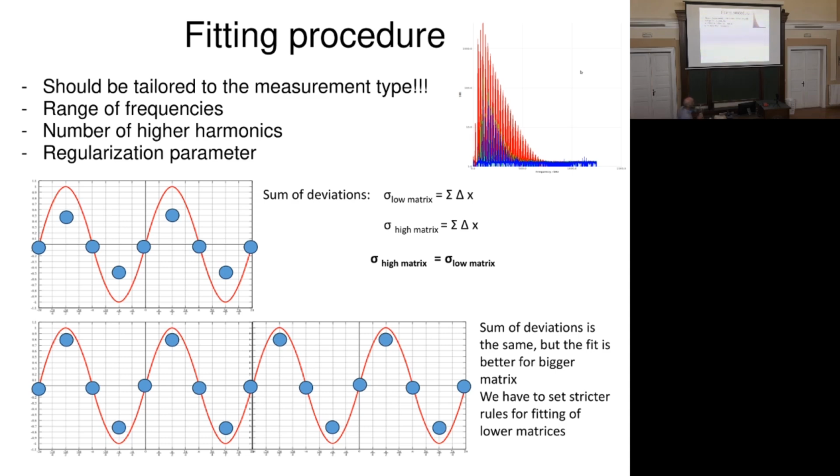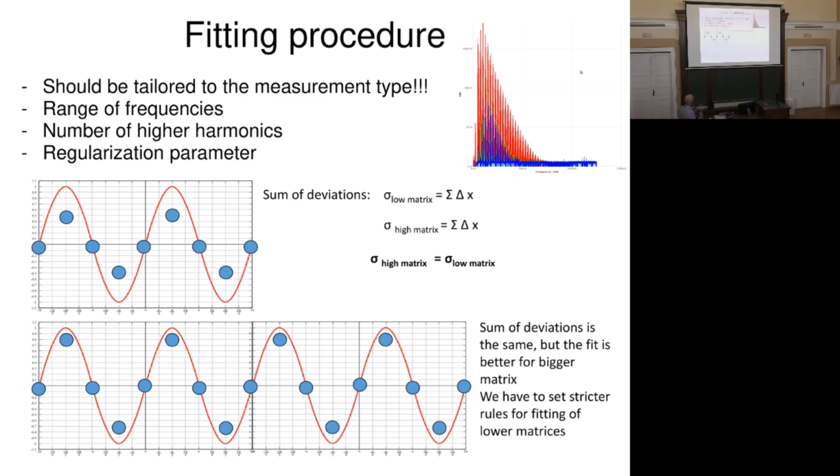I just try to explain it on an example. It's not exactly what we are speaking about here, but it's a similar problem. If we have points like this, and we know that it's sinusoidal and want to fit a sinusoid function through it, through some iteration method, then we use the sum of deviations as a criterion. And once the sum of deviations is low enough, then we stop iterations and we are happy.